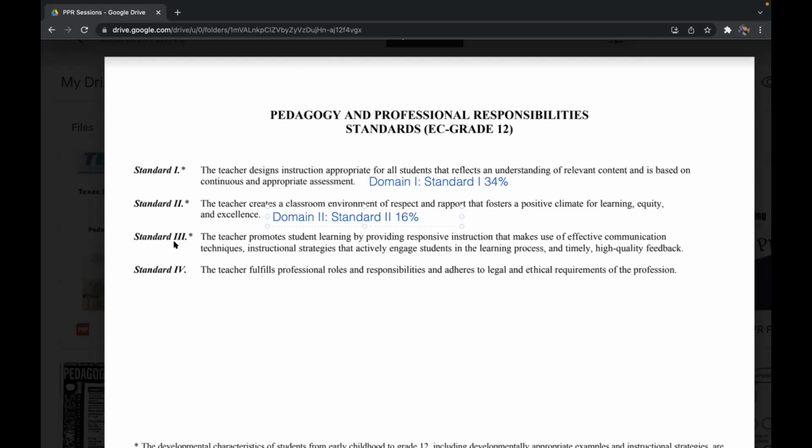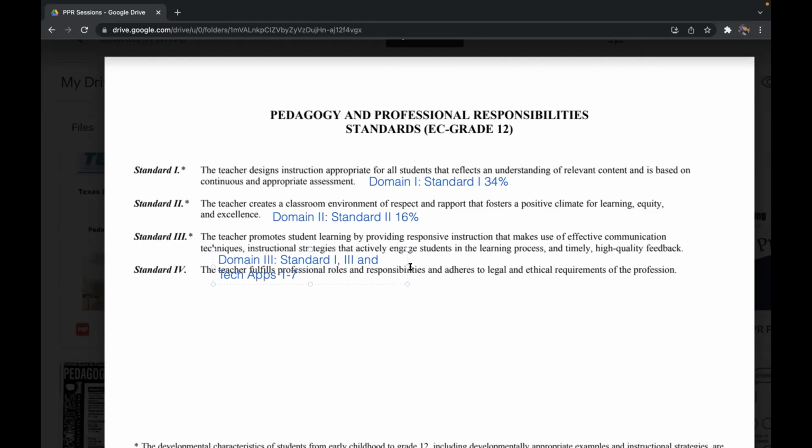Algo así. Okay, now we get to domain 3, right? Domain 3 is not just standard 3. It is not just standard 3. Domain 3 is standard 1, 3, which is the one that we're typing under, and technology apps 1 through 7.